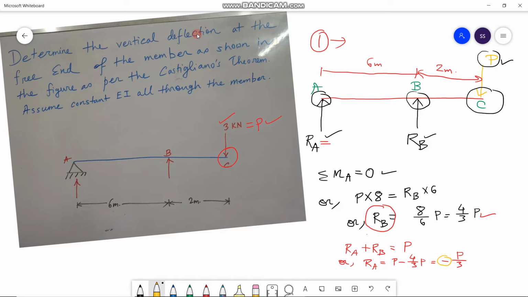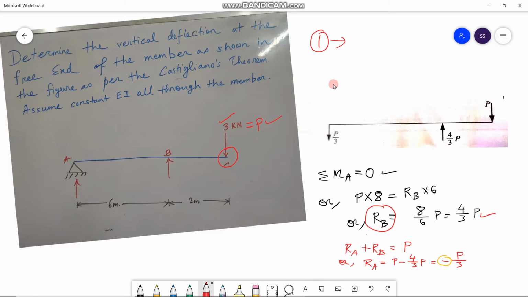It means as per the calculation, the reaction at A is working in the downward direction, not in the upward direction, and the value is P by 3, and RB is 4 by 3 P. So the reaction force P by 3 acts at point A in the downward direction, and the reaction force at point B is 4 by 3 P, acting in the upward direction with respect to the concentrated force P working at point C.